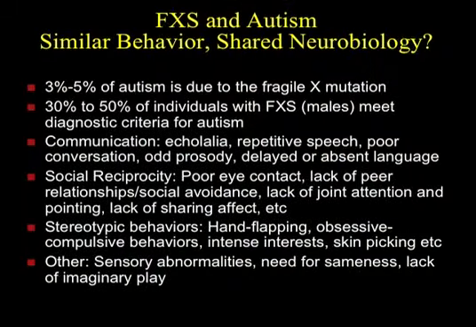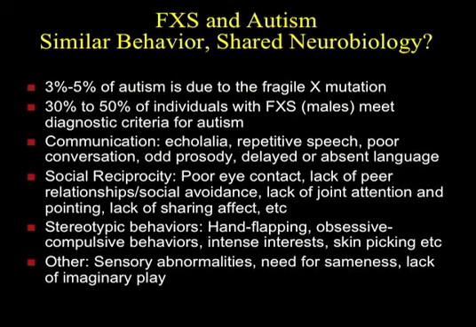The symptoms that these individuals with Fragile X and autism have are in most cases very similar, if not completely overlapping with, the autistic symptoms you see in idiopathic autism. In the communication domain, you see echolalia, repetitive speech, difficulty with conversation, and so on.